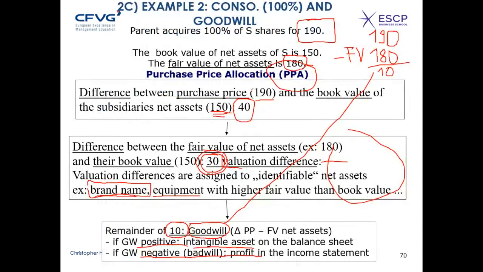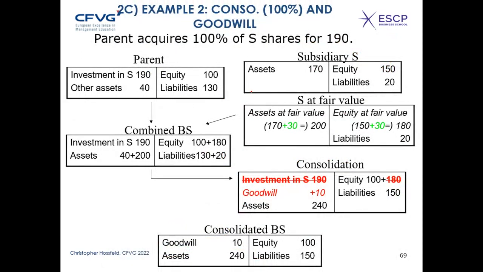Okay, knowing this, let's go back to our example, two slides before this. So I buy 100% of the shares of S for 190. This is the original balance sheet of S, and now I correct my valuation differences. That means I set up the balance sheet of S, but at fair value.